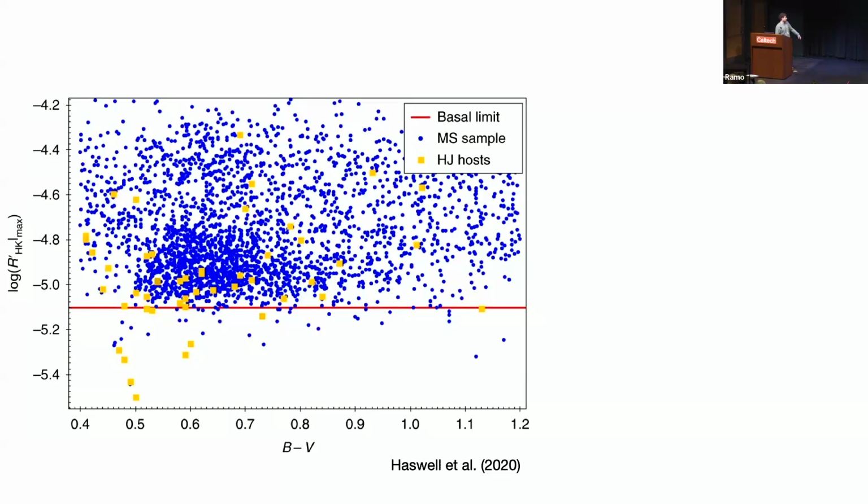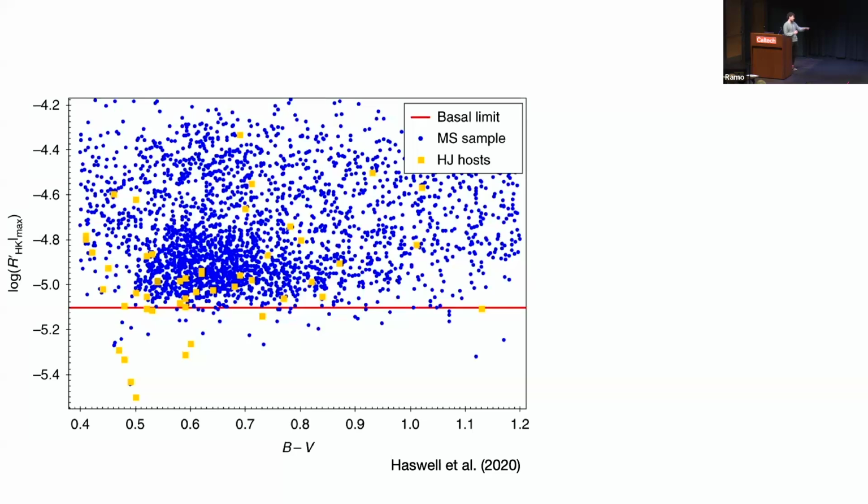It's a plot of the log R'HK of a sample of field stars, main sequence, and hot Jupiter hosts. And for people who don't study stellar activity, log R'HK is essentially a measure of the activity of the star got from observations of the calcium II H and K lines.